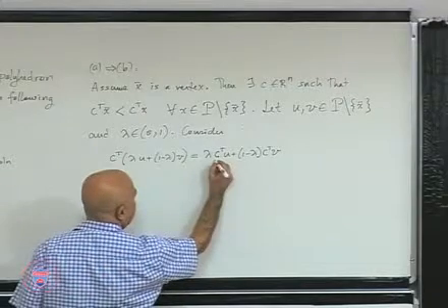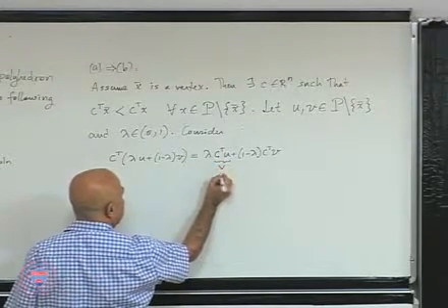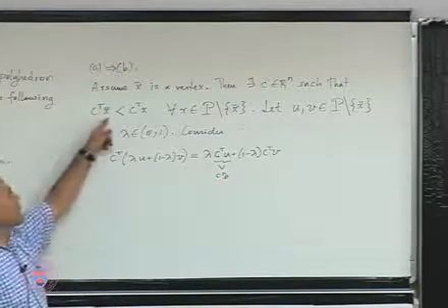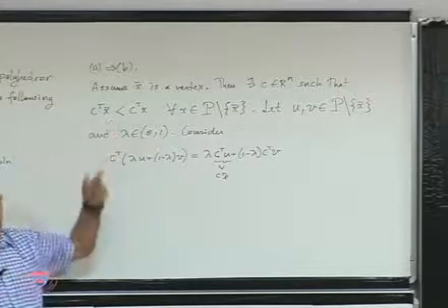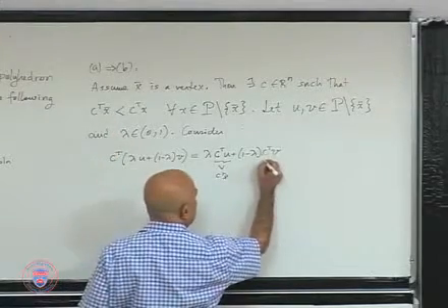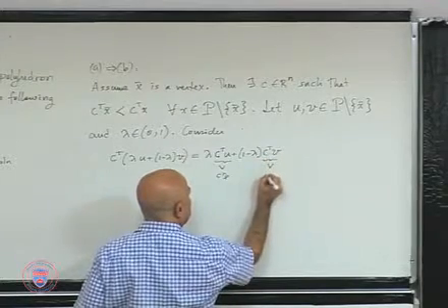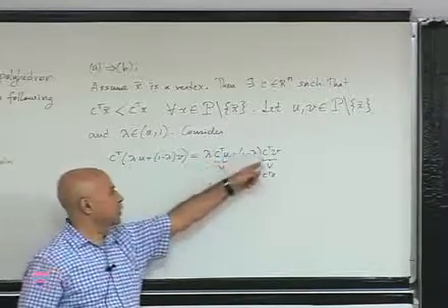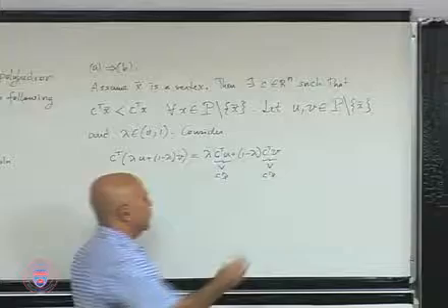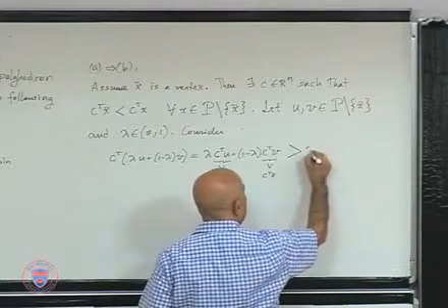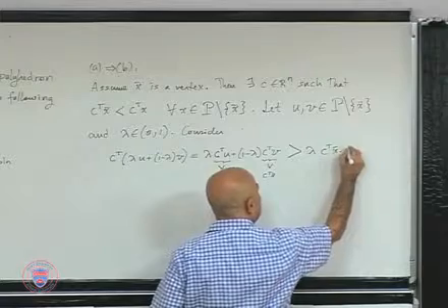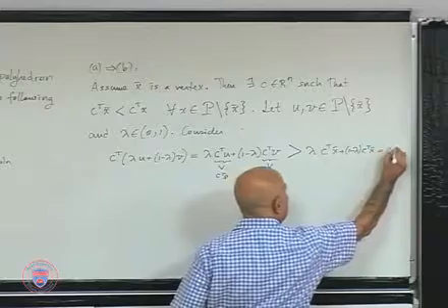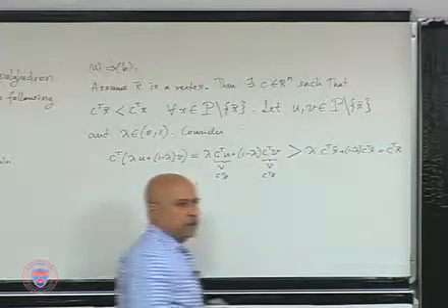I know that since u is different from x bar, this should be greater than c transpose x bar because of being a vertex. This part is also the same. This is greater than c transpose x bar. And if I replace these dot products with c transpose x bar, of course, then I get a strict inequality here. Lambda times c transpose x bar plus 1 minus lambda c transpose x bar, which is nothing but c transpose x bar.